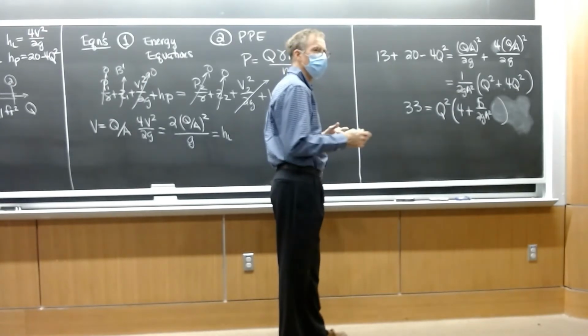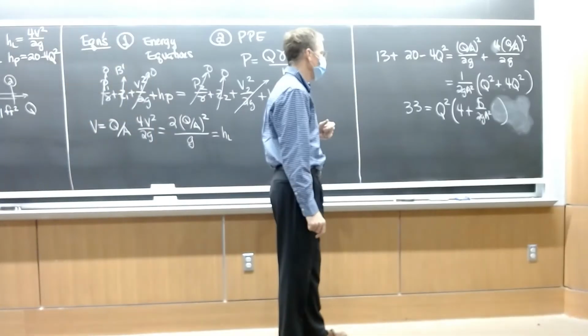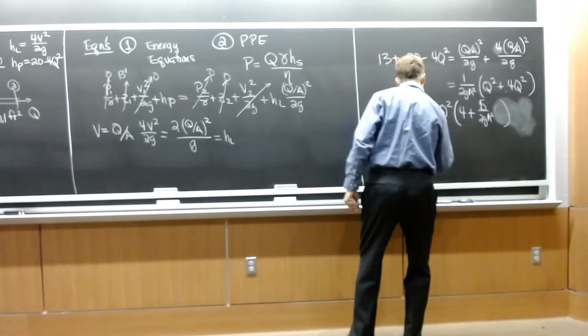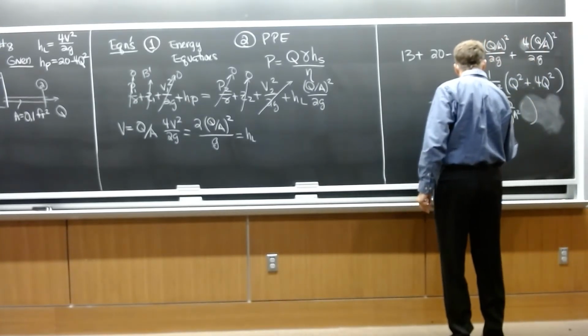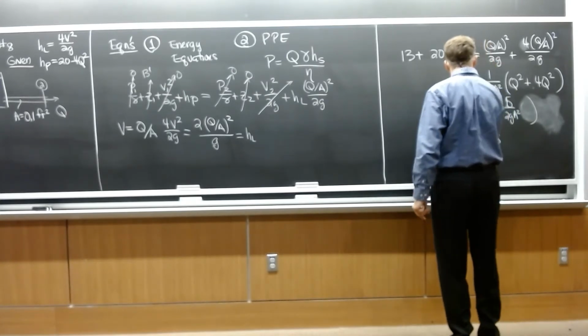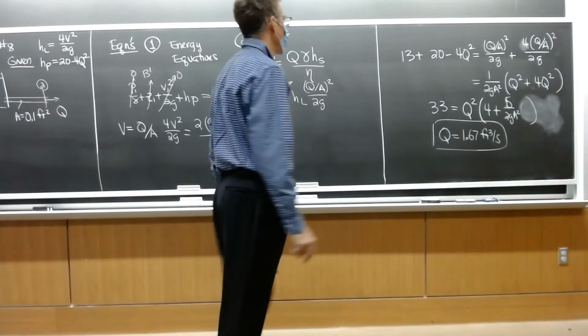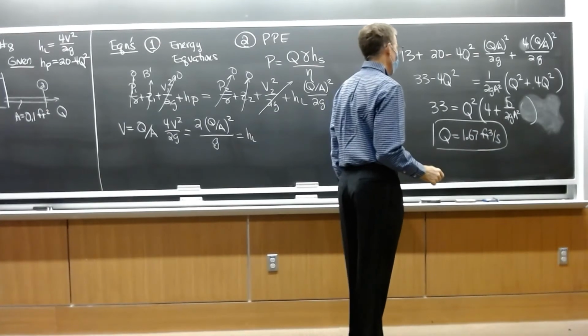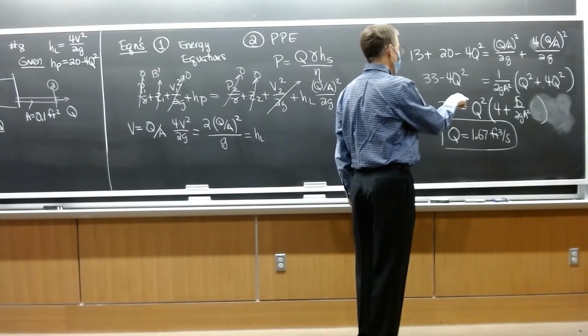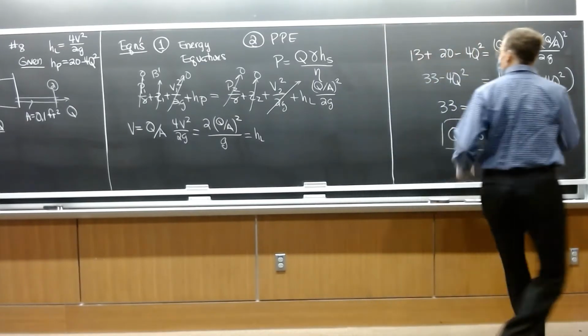And then you just solve for Q. I forget what Q is. .67. Okay, yeah, that looks right.